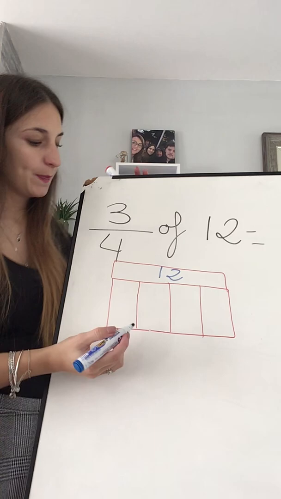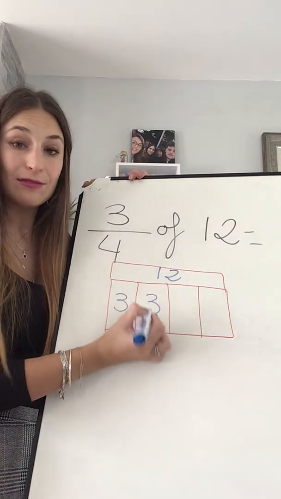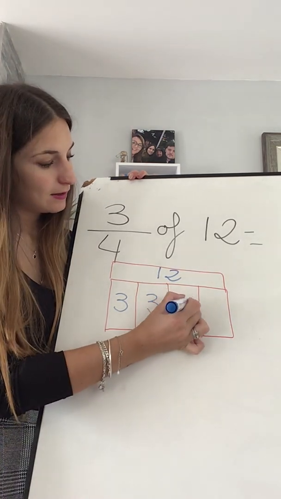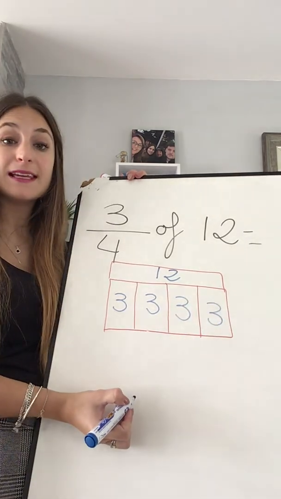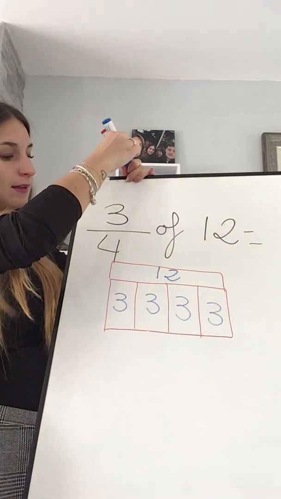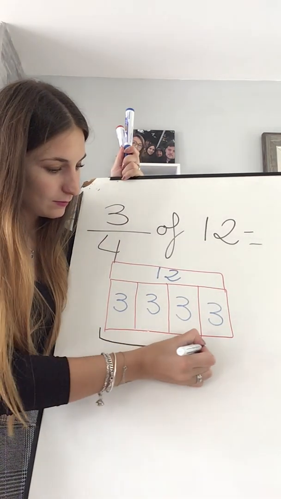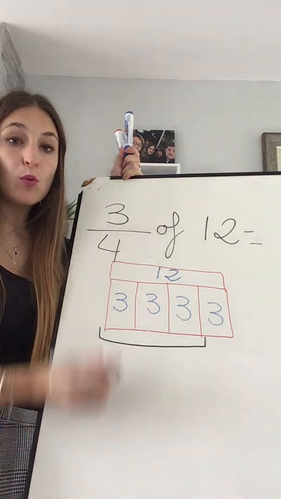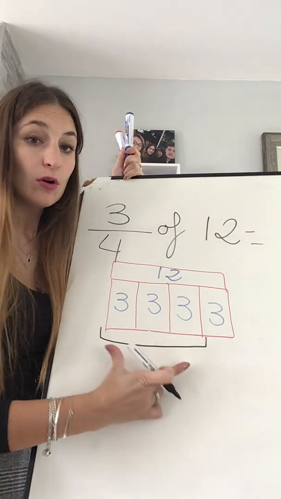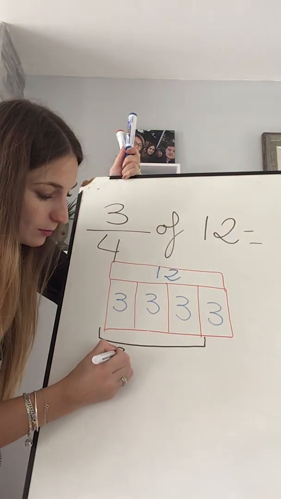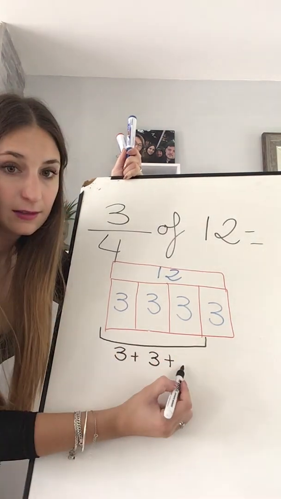So I know that 3, add 3 makes 6, add 3 makes 9, and add 3 makes 12. If you need to take 3/4 of 12, only 3/4, you will be taking 3 and 3 and 3.